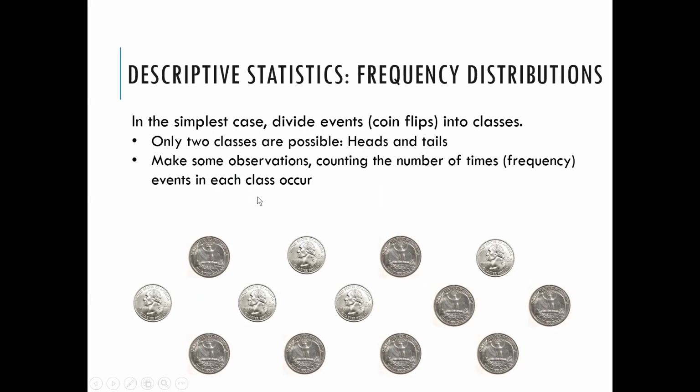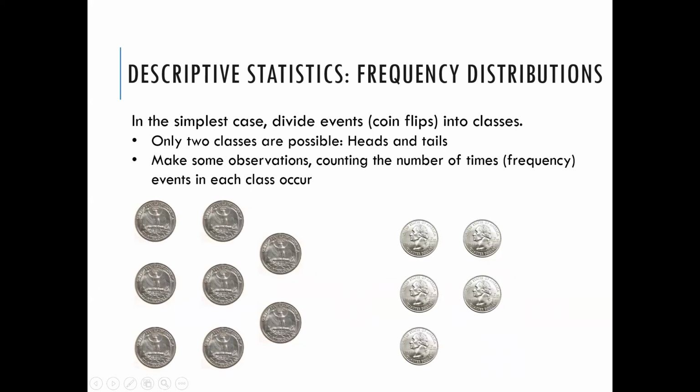Let's say we have a collection of coins, and what we would want to do first is divide our observations, our coins, into classes. There are only two classes possible, right? Heads or tails. So we have this collection of coins, and then we want to count the number of times, or the frequency of events, in each class. So let's sort our coins.